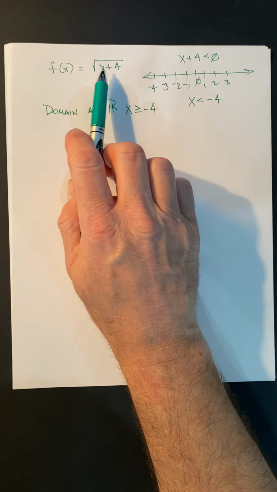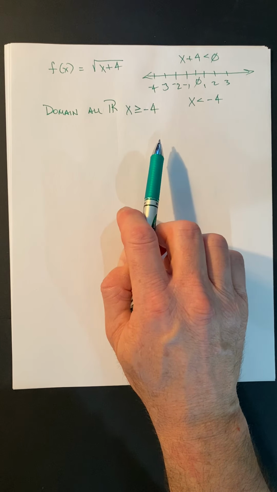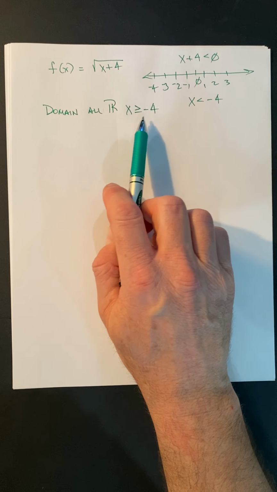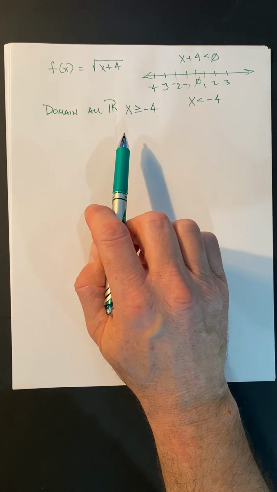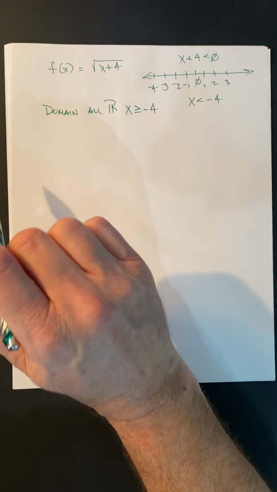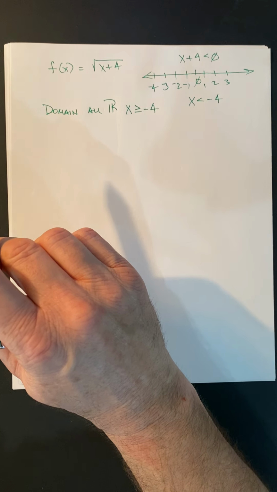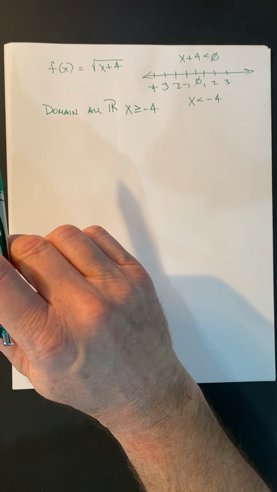So now if my radical happens to be in the denominator, I still have to make sure I don't have a negative, but then I also have to make sure I don't end up with a 0 in that radical as well, okay? So what did we learn today?